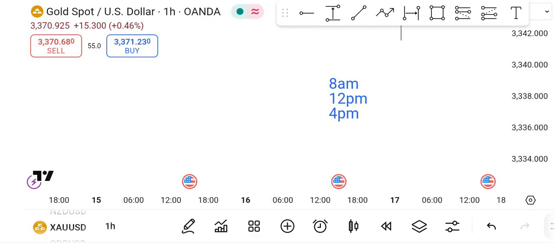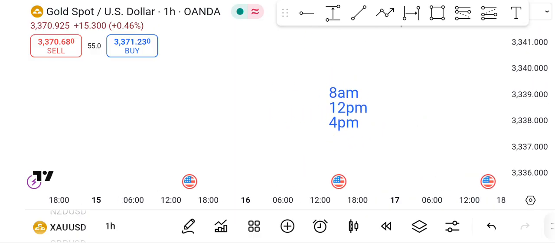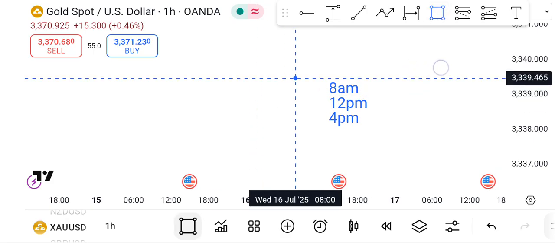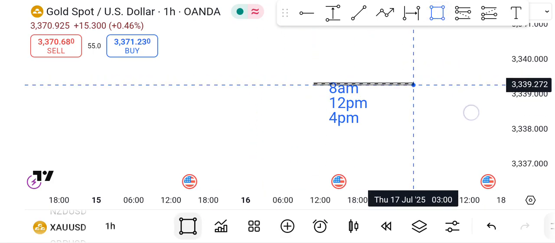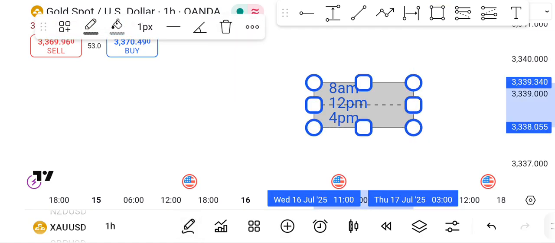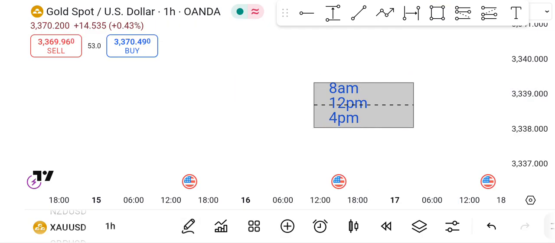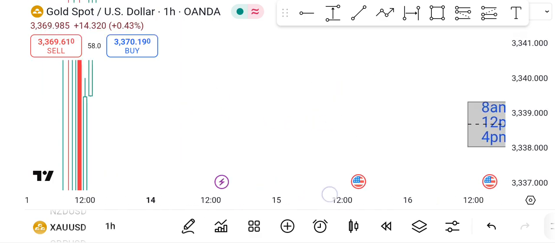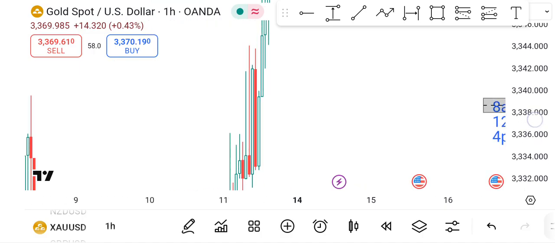So these are the key times that the CRT kind of formation occurs: 8 a.m. in the morning, 12 p.m. and 4 p.m. So I hope you have understood about that.